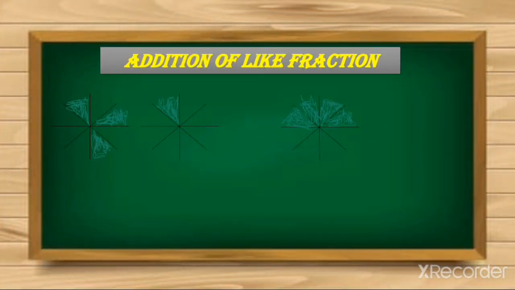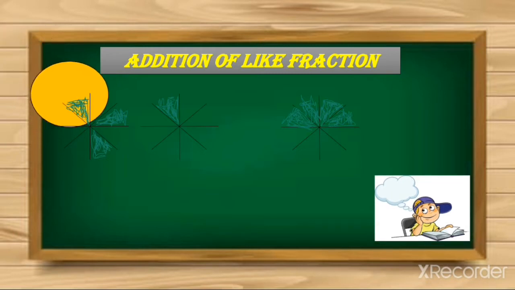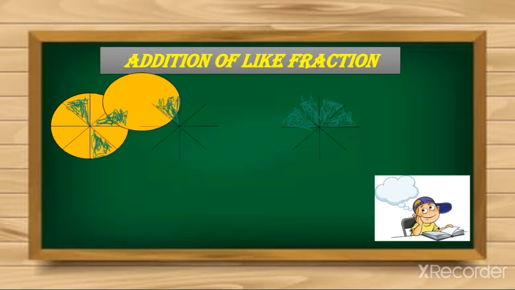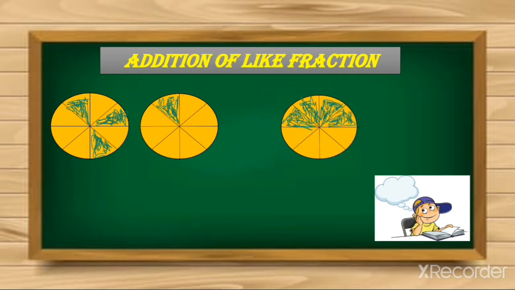Now we will do the addition of like fractions. Let's see the explanation. Students, here I have drawn three figures. In the first figure, I have colored three parts and in the second figure, I have colored one part.